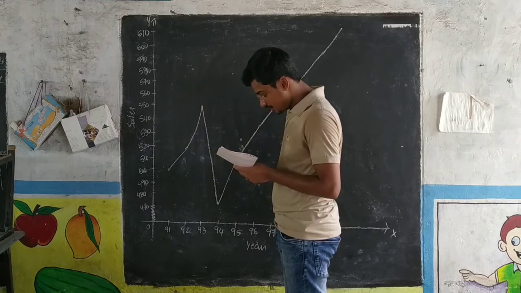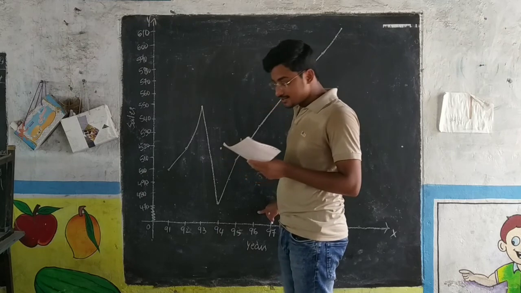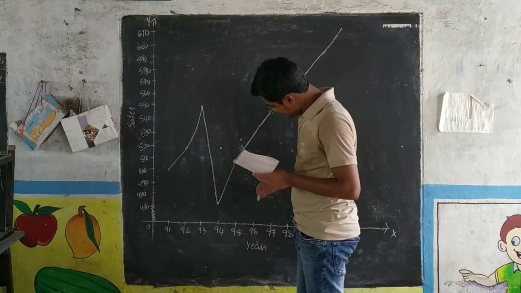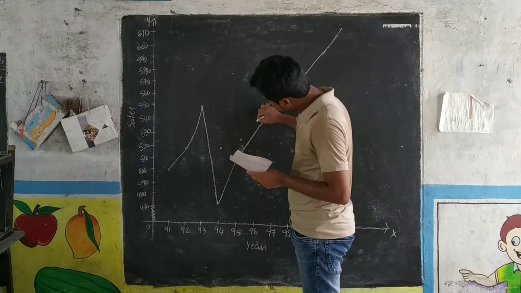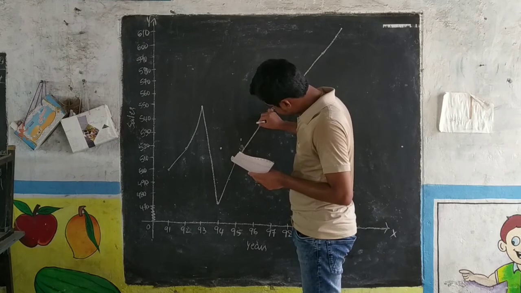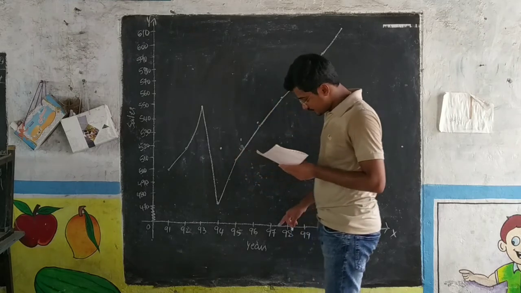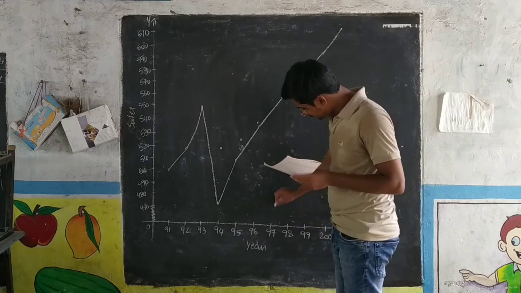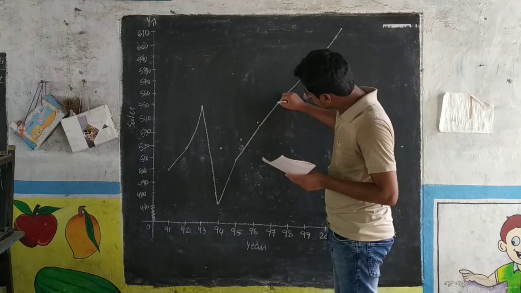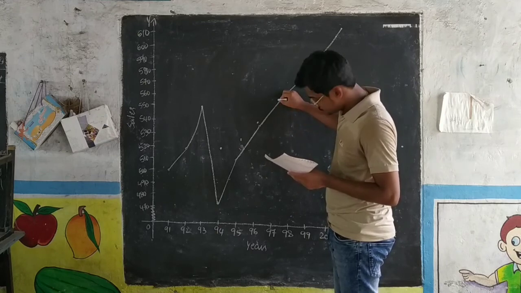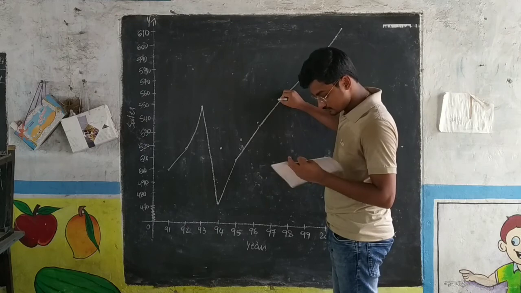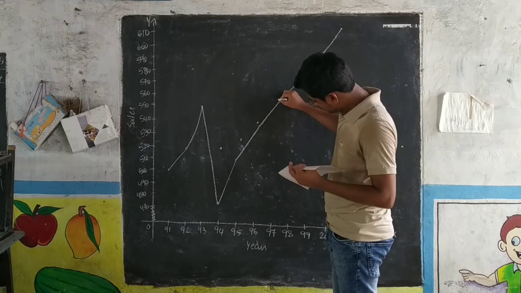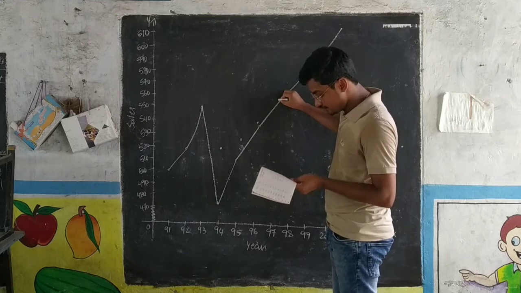Next expected year 1996, 536.67 is approximately 537. Next 1997, 551.67 is 552.